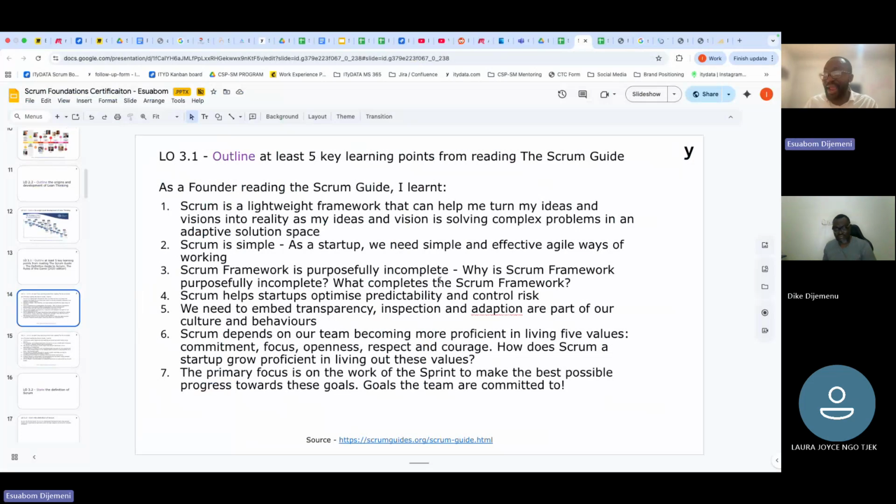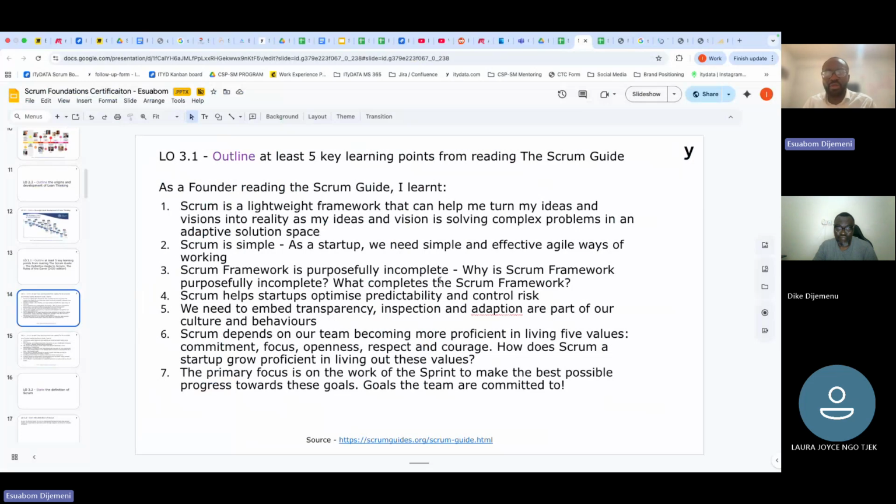Again, as a startup, I learned that Scrum can help us become more predictable and control risks, especially as a startup where you also have a survival risk. I think Scrum can help us become a team that will survive both the economic, technological, and political pressures that we're seeing in the modern business world. And of course, the list goes on.